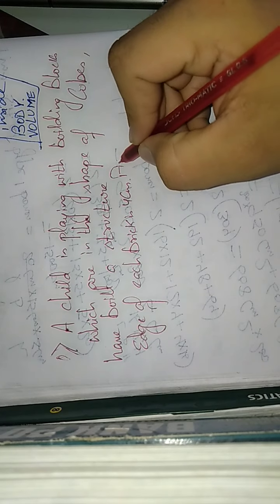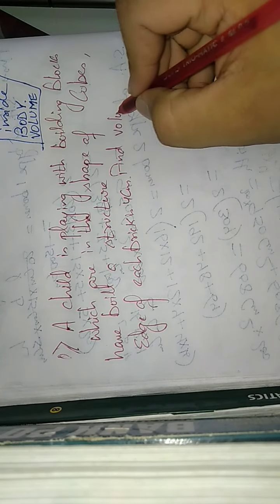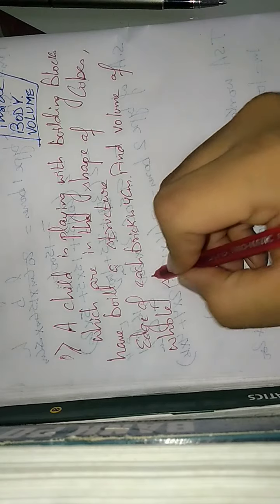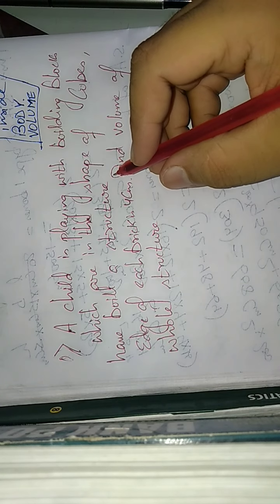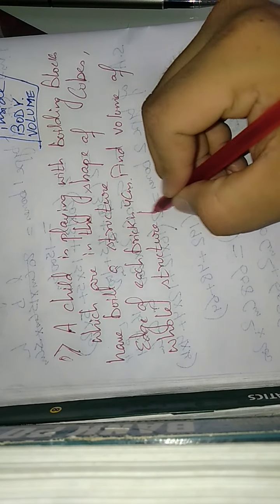The edge of each brick is 4 centimeter. You need to find the volume of the whole structure which is built by the child. So let me draw the structure for you.